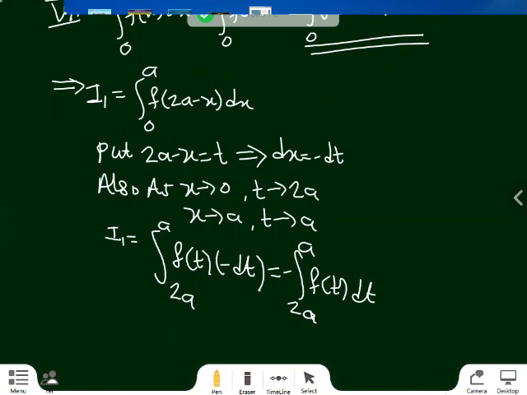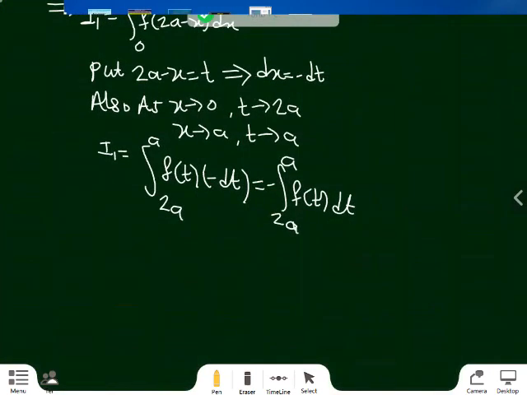Now, by using the property of definite integral, if we interchange the upper limit and lower limit, the sign will be changed. So by using that property, this will be integration from a to 2a f of t dt.